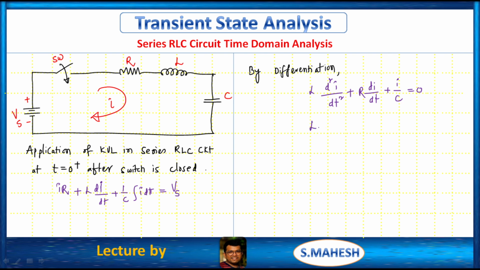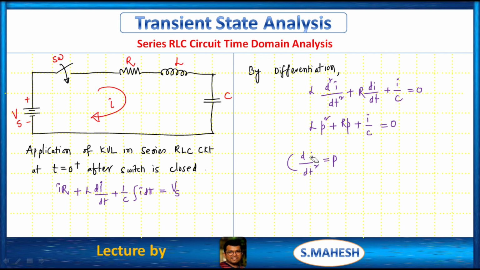Now let's take p square, p plus I by C, which is equals to 0. Where d square I by dt square should be equals to p square, and di by dt should be equals to p.